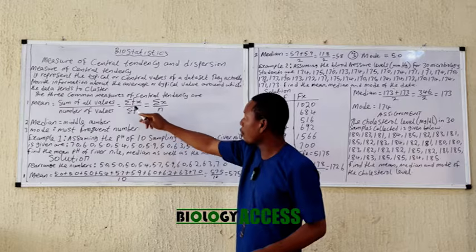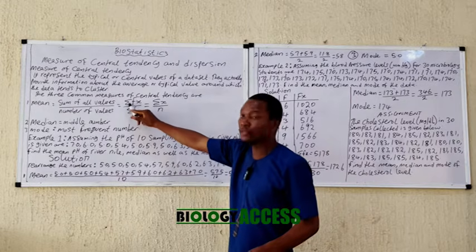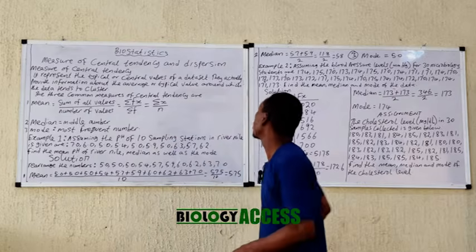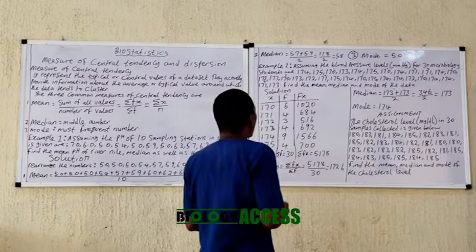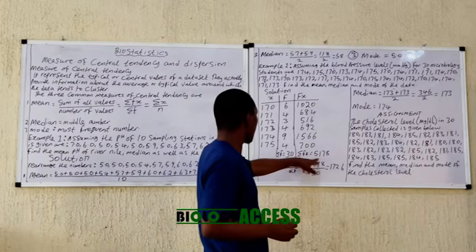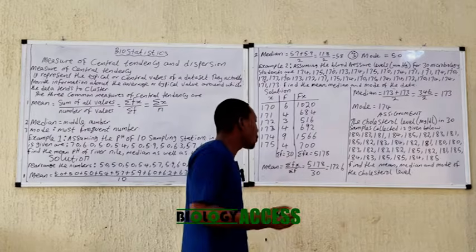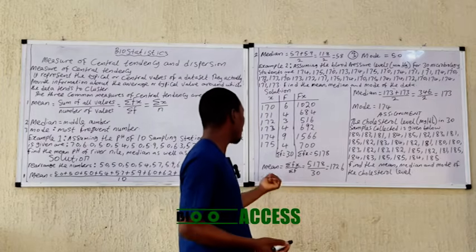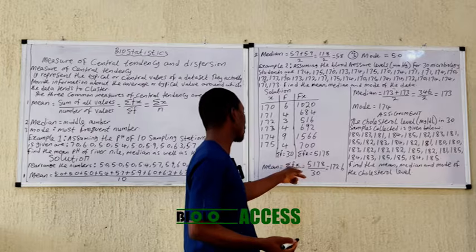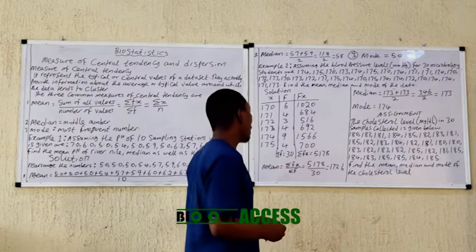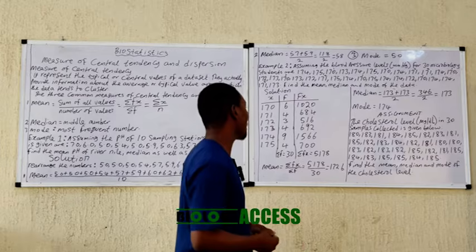Sigma what? F. This symbol is summation. Summation f of x all over summation f. So if we have summation f of x as this, and summation f as this, how will you get your mean? Apply the same formula. Mean is equal to summation f of x all over summation f, which is this value all over this, and this is your answer. It's as simple as that.